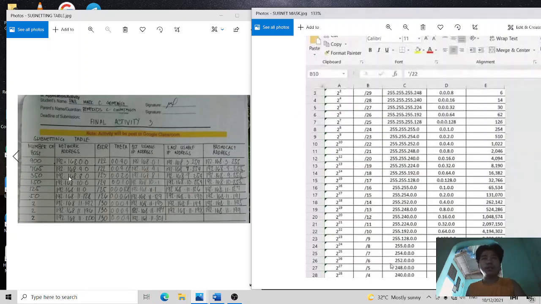The 900 hosts belongs to 1022, which is the CIDR is 22.